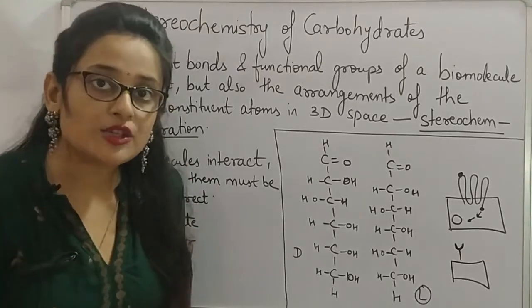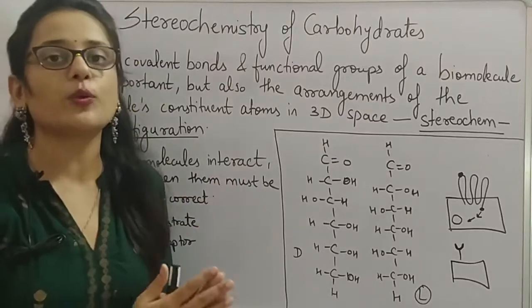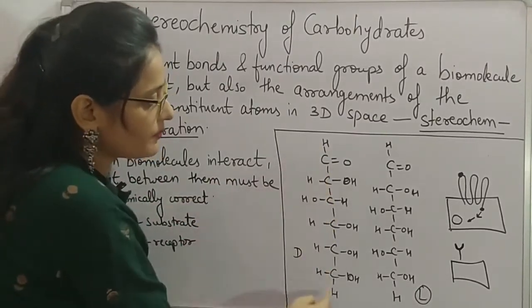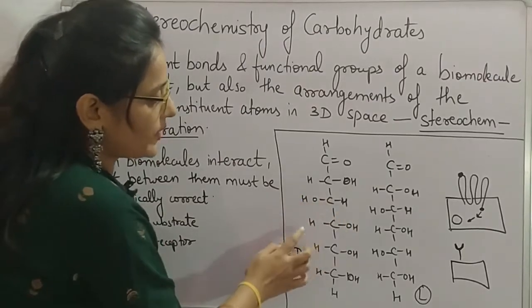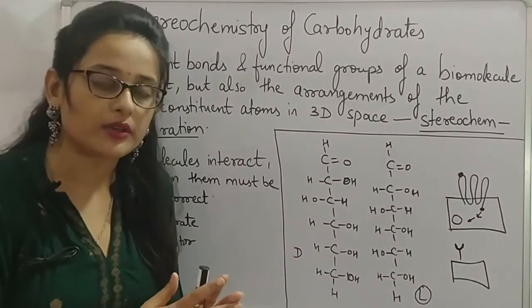But apart from these two things, the three-dimensional arrangement of the substituents is also very important. This is the main chain of the carbon atoms. The substituents, that is H and OH, how they are arranged in three-dimensional space is very important.